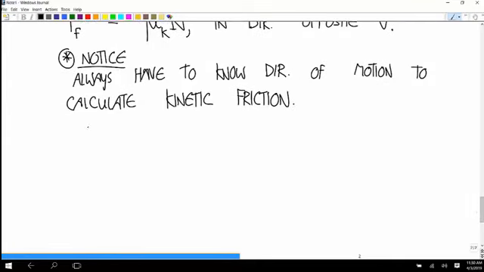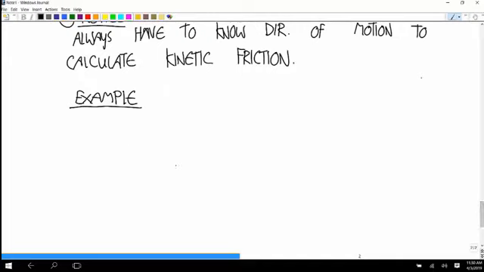Okay, so let me do an example. Let's say there's a block on a 20-degree incline.